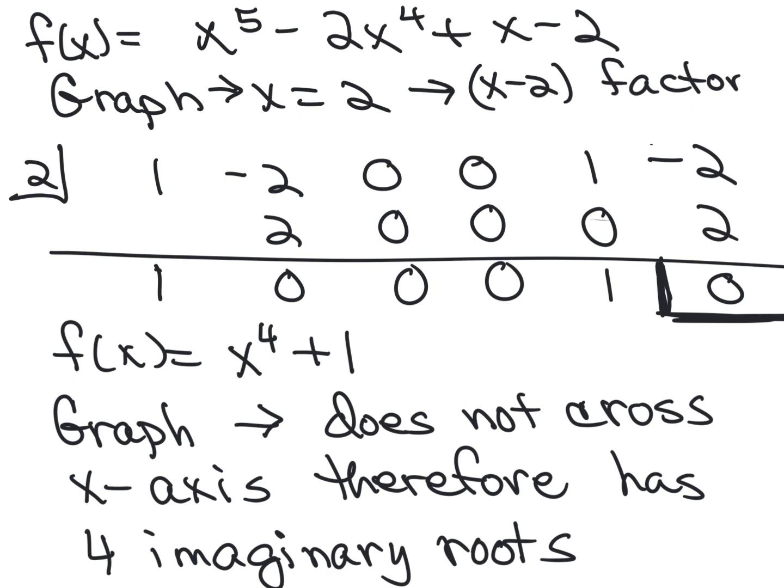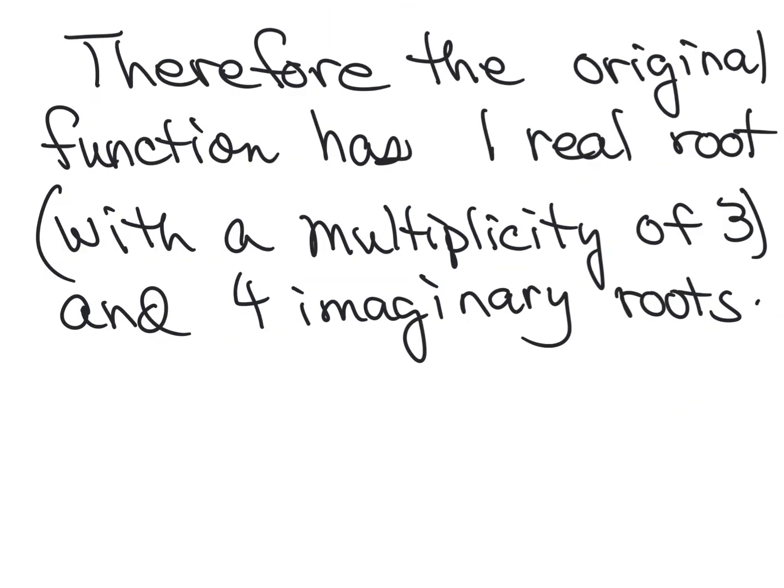I now graph that function. It does not cross the x-axis, therefore this means it has 4 imaginary roots. So the correct answer to the problem would have been that it had one real root with a multiplicity of 3 and 4 imaginary roots.